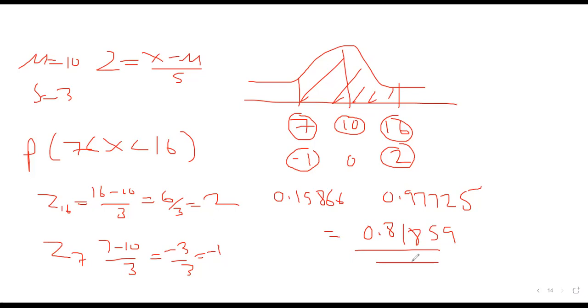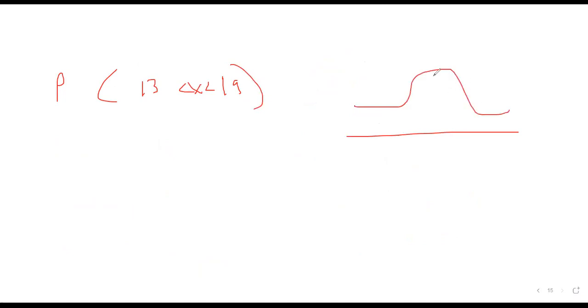Suppose we're asked to find the probability between 13 and 19. Same thing, you just illustrate them. The 10 is here, the 13 is here, the 19 is there, in between.